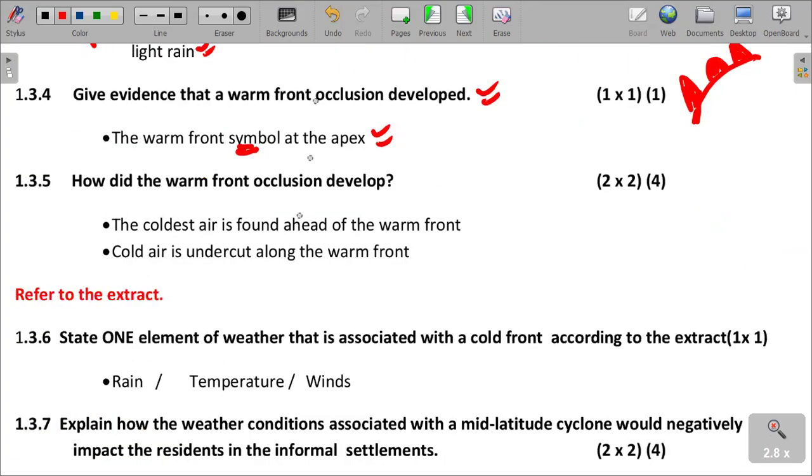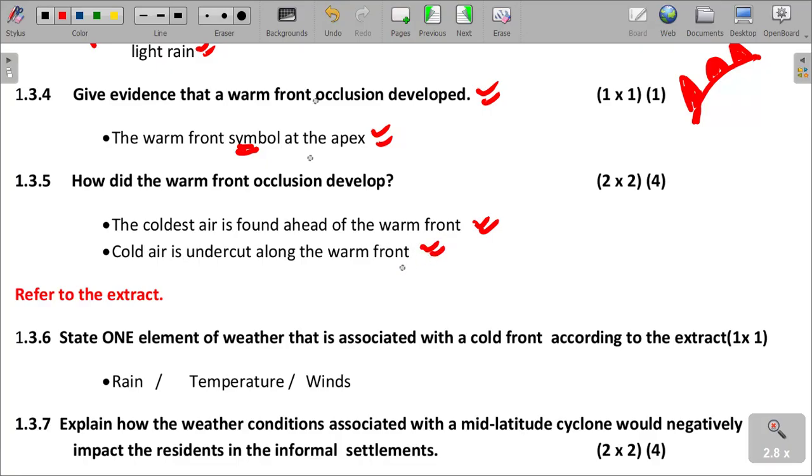And then how did the warm front occlusion develop? Cold air is found ahead of the warm front. Remember, we said that an occlusion or a type of front is caused by the type of air that is moving. If you refer to previous presentations, you will be able to understand these conditions very well. The cold air is undercut by the warm air.